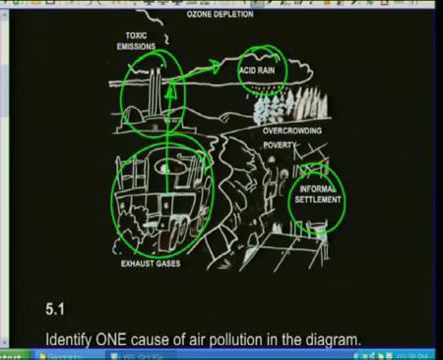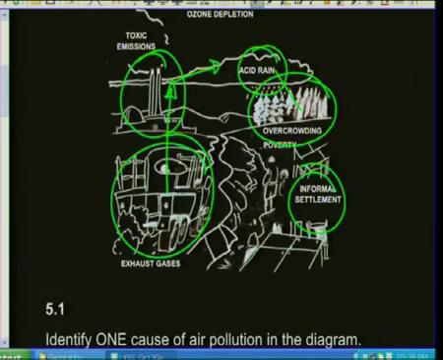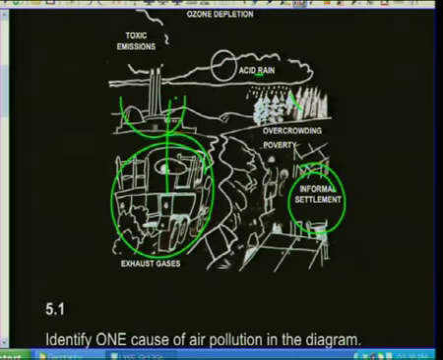The water itself becomes acidic. When it falls onto the land again, it's going to actually start eating into our vegetation. Let's clean up our diagram. We're going to be coming back to it again.